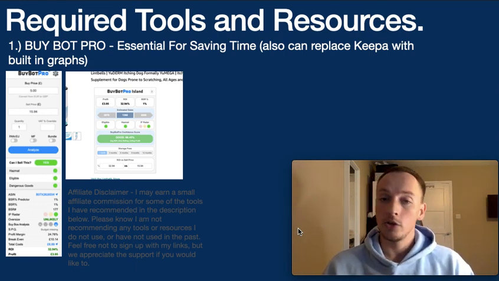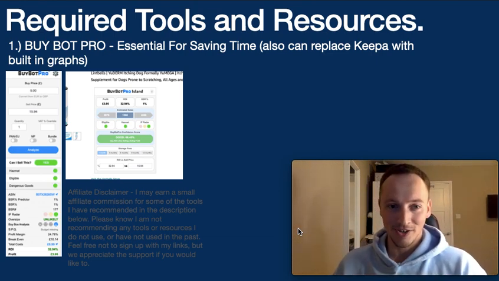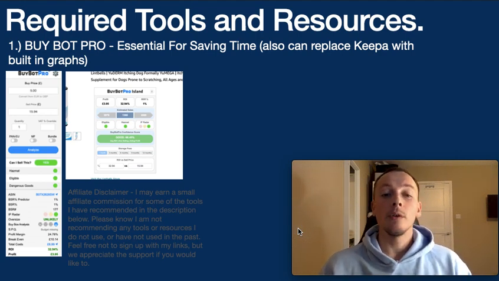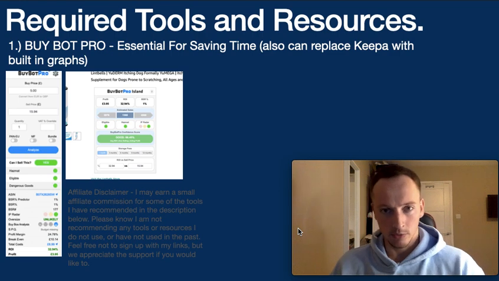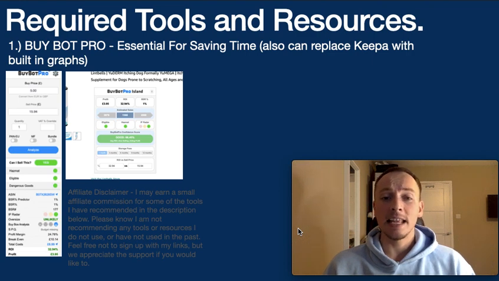So, required tools and resources which I personally think are good for online arbitrage. Number 1 is BuyBot Pro. I'm going to put next to all of these tools and resources what is essential and what is not essential. BuyBot Pro I would say is essential for saving time. I'm going to go into Keeper later as well.